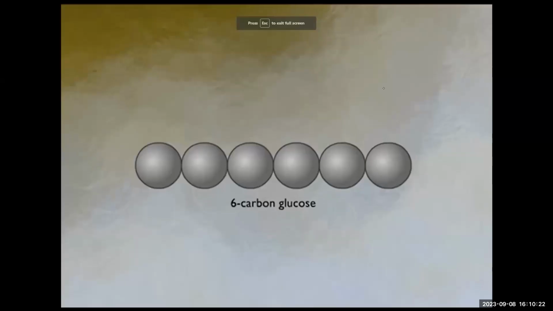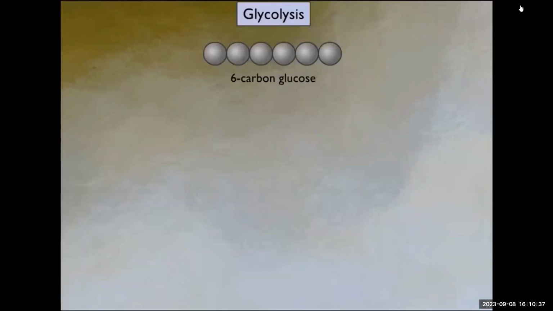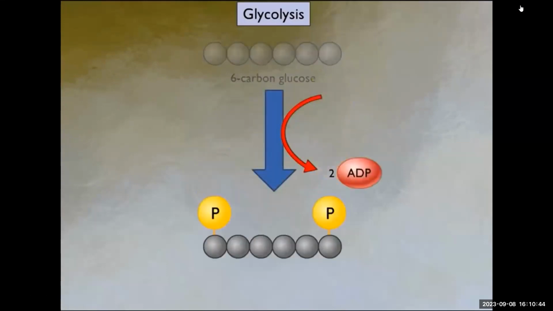Steps called glycolysis. The energy released during these oxidation reactions is used to form adenosine triphosphate, ATP, the energy currency of the cell. The initial steps in glycolysis are the additions of two phosphates to the glucose molecule at the expense of two molecules of ATP. The result is a 6-carbon sugar diphosphate molecule and two low-energy adenosine diphosphate molecules, or ADP.